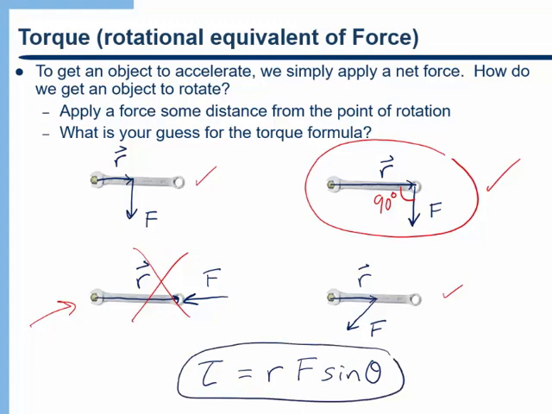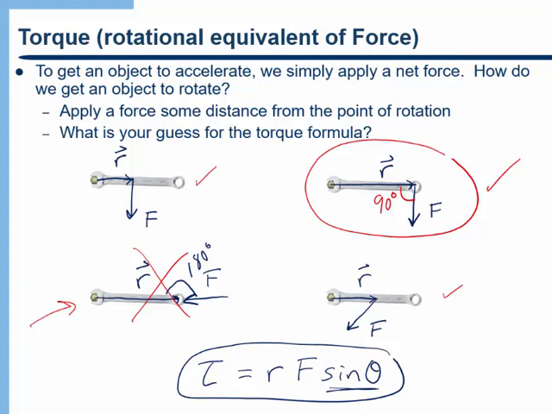In other words, we know that in this case that would be an angle of 180. Nothing happens then. An angle of 90 degrees is the best, and angles less than 90 or greater than 90 aren't going to work as well. And of course, 0 and 180 don't work at all. So it makes sense that there's a sine in the formula.